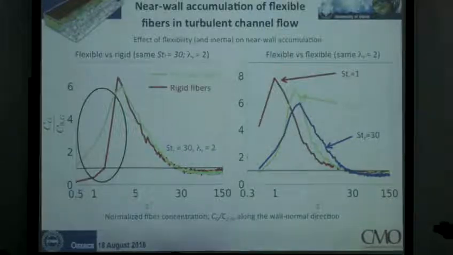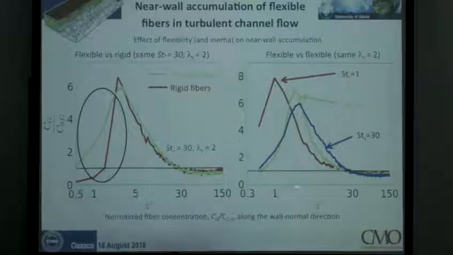Basically, the flexible fibers can reach closer to the wall because they bend, and therefore they have a different type of interaction with the near-wall structures, which are actually trapping the fibers at the wall. The rigid fibers cannot reach this very near-wall region, and so they cannot be trapped as easily. That's to highlight the effect of fiber deformability, but of course in the background you still have inertia playing a role.